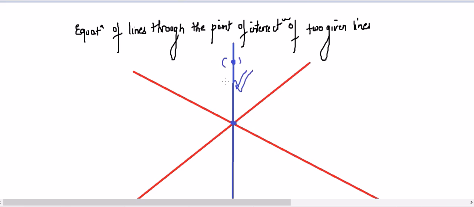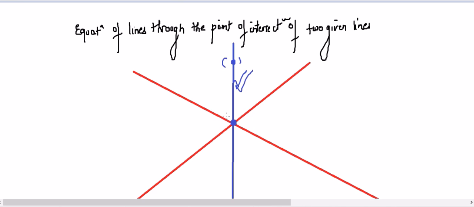So basically there are two methods by which you can calculate this. The first thing is, this point is already given to you, and you calculate the intersecting point of the two lines. Then you will have two points, and a line passing through two points you can easily calculate.